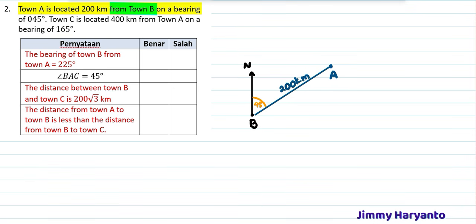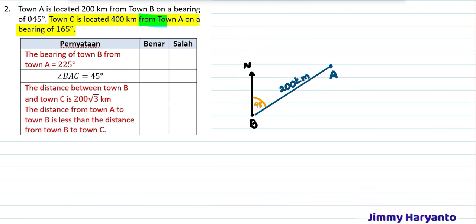And then the second one will be the sentence, town C is located 400 kilometers from A on a bearing of 165. So we have to focus on these words, from town A. That means we'll create another north line from A like this, and then we will measure 165 degrees. 165 degrees is maybe this big.